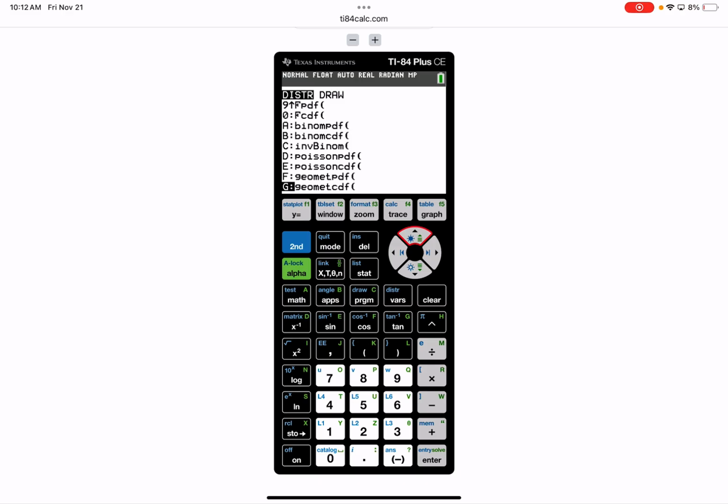So if I have a less than problem, I can use that CDF. I want to know what's the probability that I find a first success within this many trials. So it could be the first, the second, the third, up to where I want to actually find that first success. So PDF, exactly on the trial that I want. CDF, within the number of trials that I want. So in this case, we would choose the PDF option.